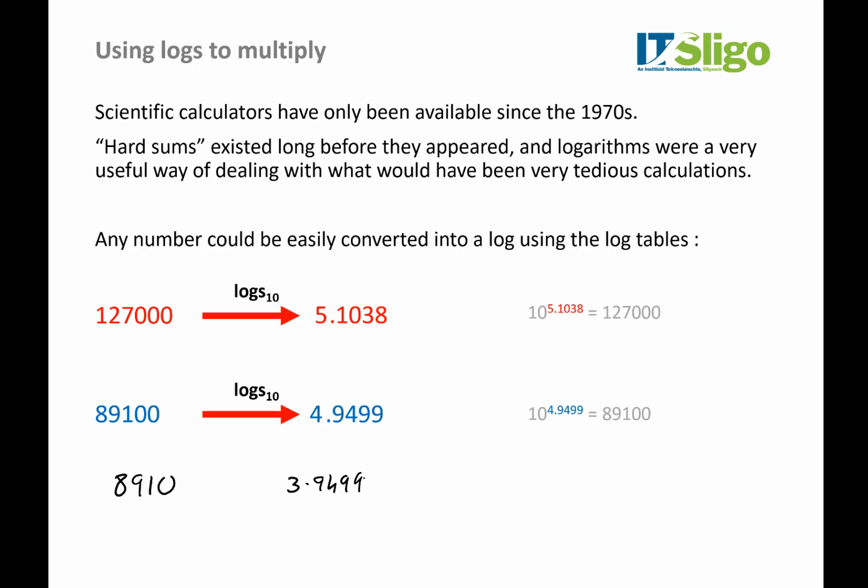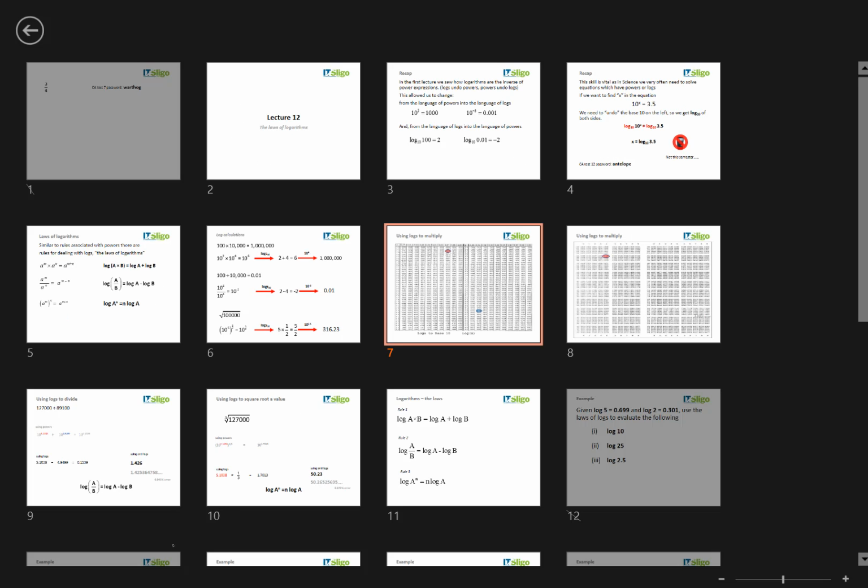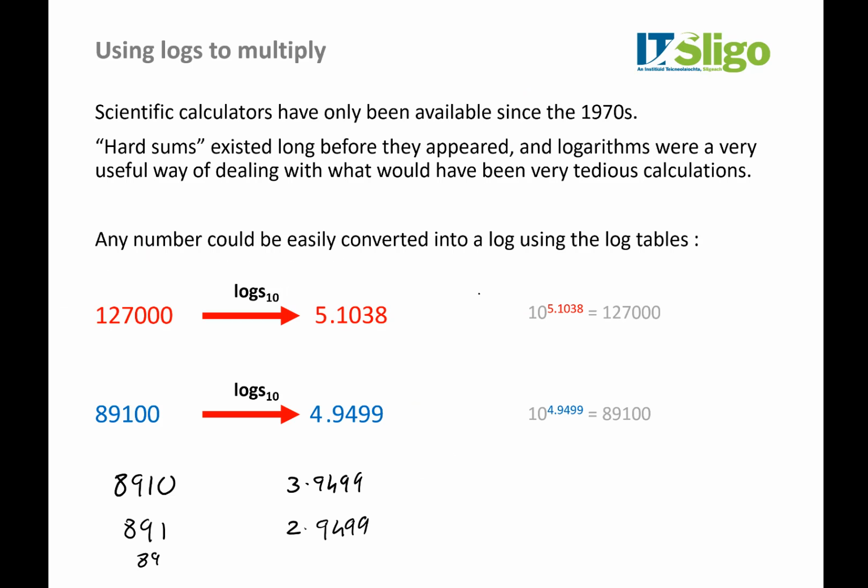So there's a nice pattern to logs. 891 would be 2.9499. And say 89.1 would be 1.9499.